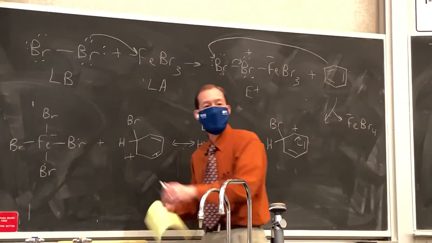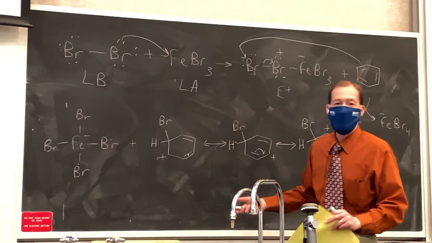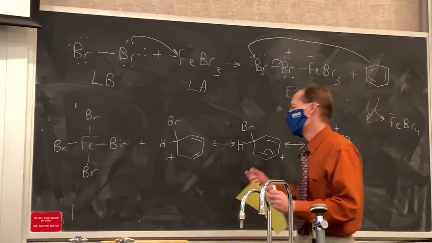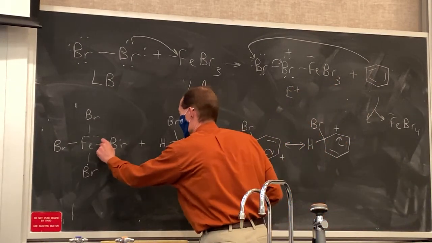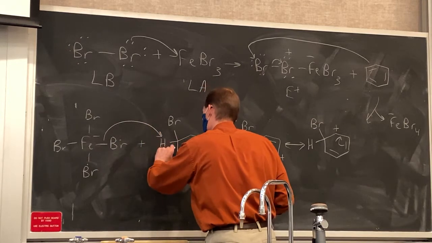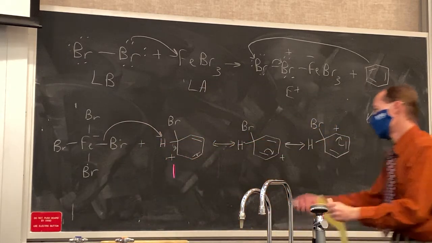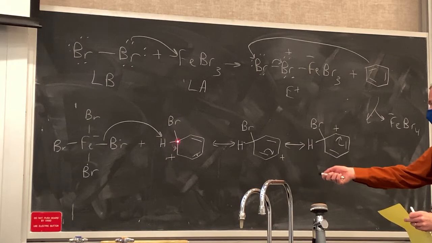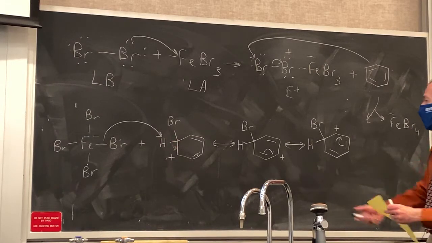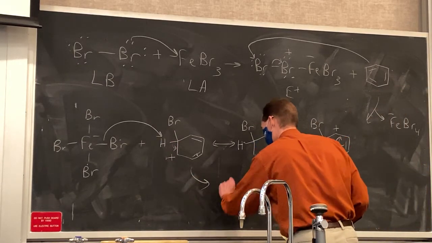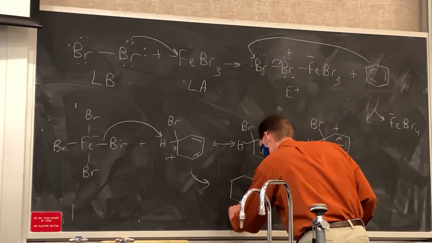So what we use as the base is electrons in an iron bromine sigma bond. So we use those electrons in the iron bromine sigma bond to deprotonate this hydrogen. We use the electrons in the carbon hydrogen sigma bond to form the pi bond, and that gives us our bromobenzene product.